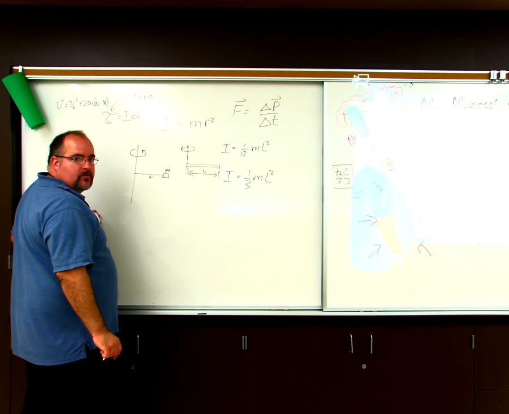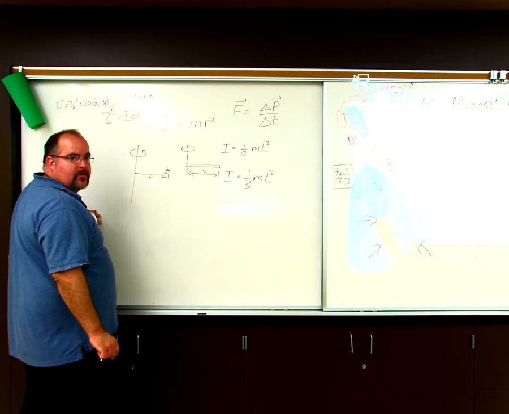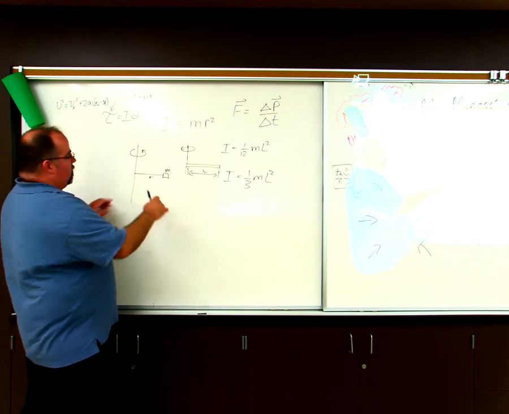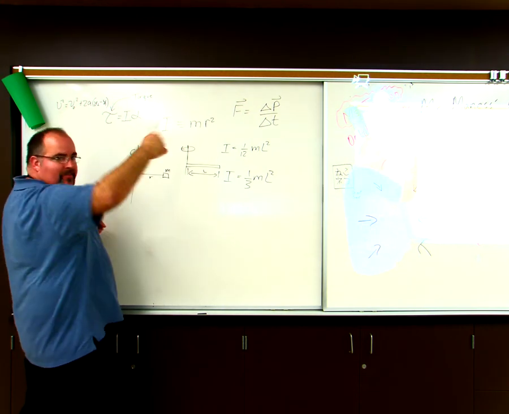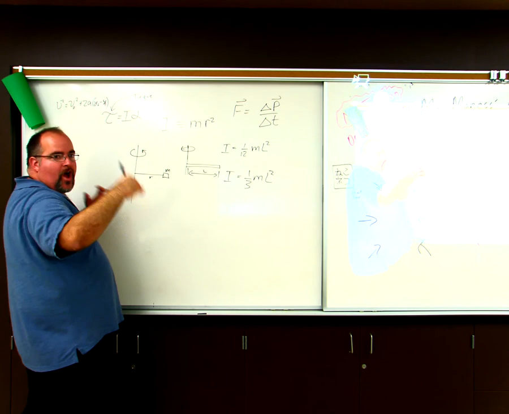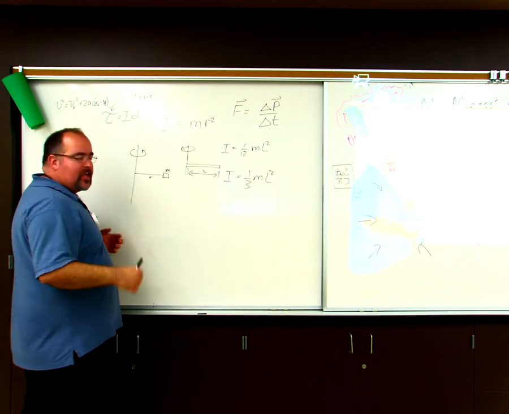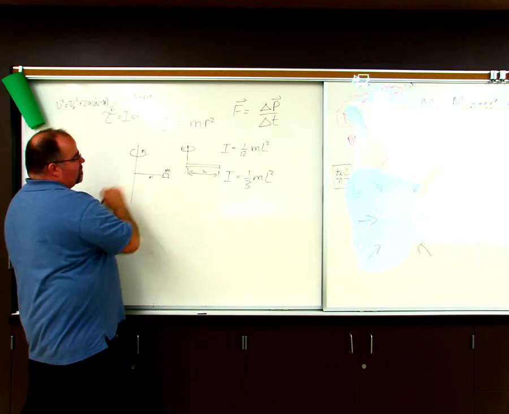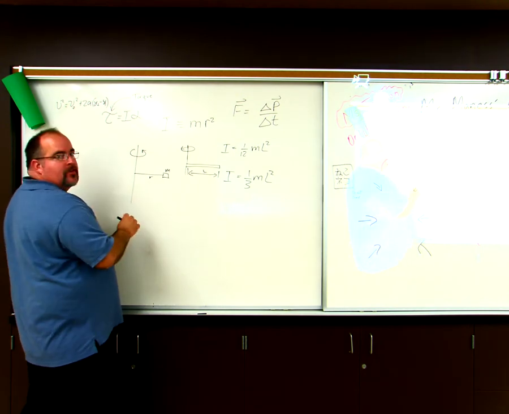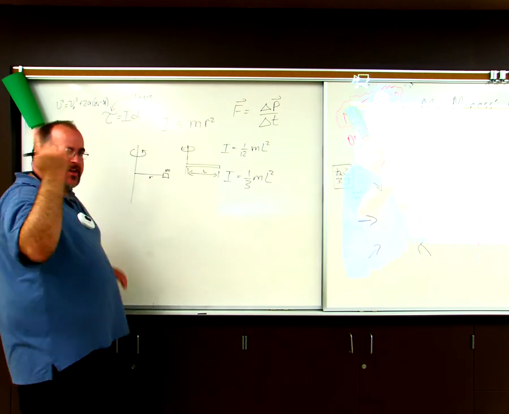Oh, okay, I understand. That's how you would use the definition. Say you had some rock on the end of a string and you're swinging it around. The moment of inertia of the system is the distance of the swing times the mass of the rock.